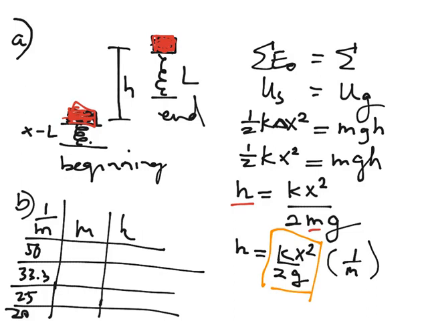Although I kind of ran out of room, you should have 16.67, which I'll write up here at the bottom. And this whole thing is in units of 1 divided by kilograms.